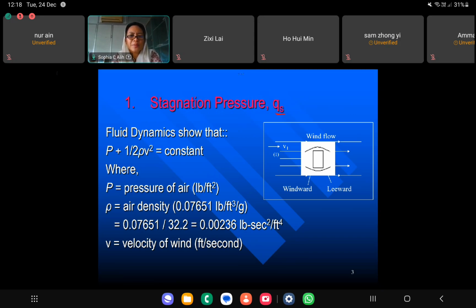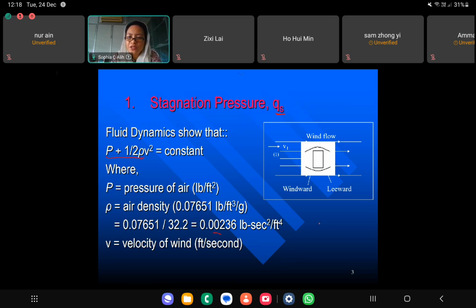Using fluid dynamics, what we know is that P plus 1/2 rho V squared is equal to a constant. P is the pressure of air, rho is the density of the air, in pounds per second square feet, and V is the velocity, and they are constant.